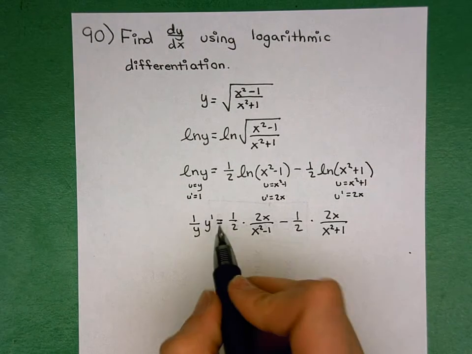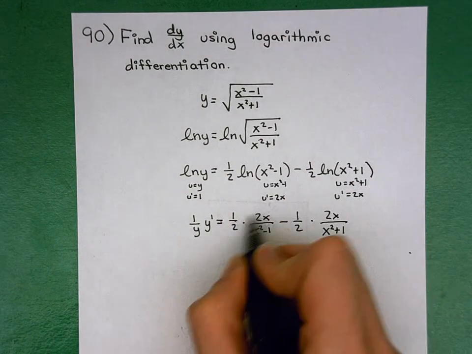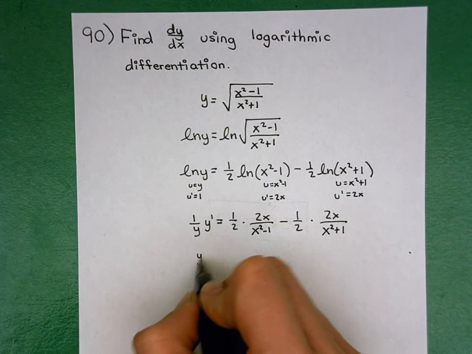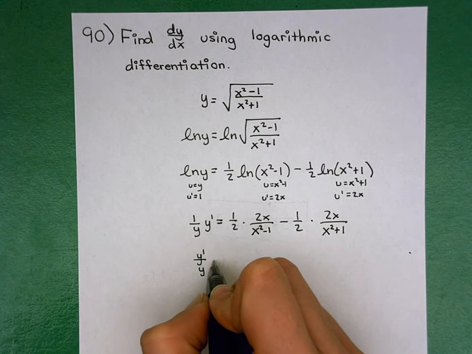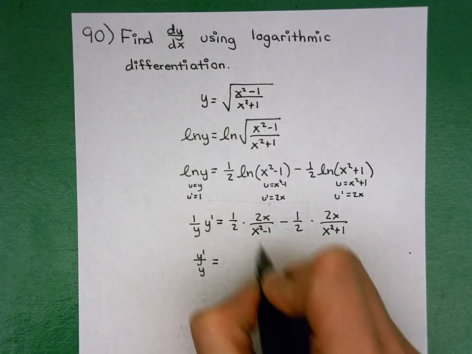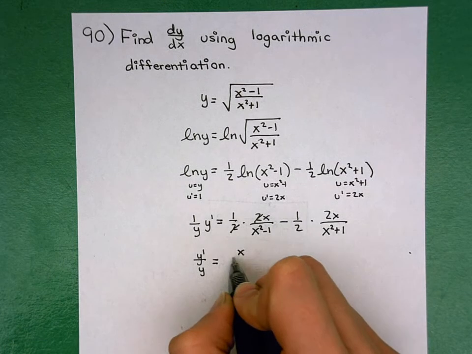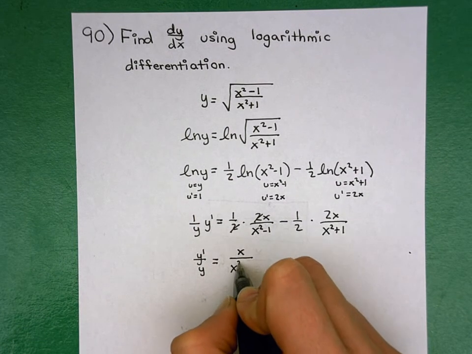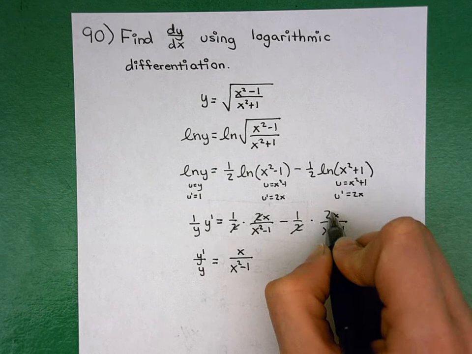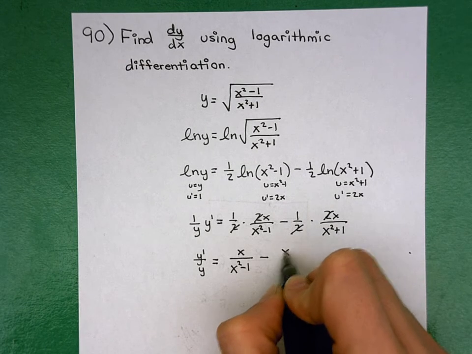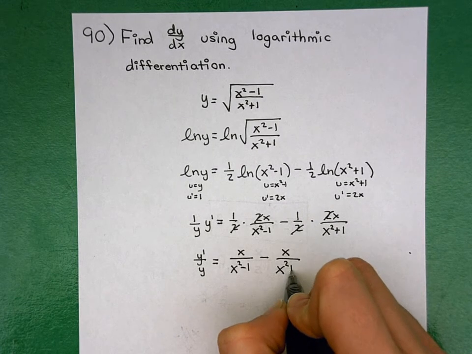And before we do anything more to isolate the y prime, I'm going to clean up this right side of the equation. So I'm going to leave this left side as y prime over y. I notice here that the 1/2 and the 2 will simplify, so we have x over x squared minus 1, and same here, 1/2 and 2, so minus x over x squared plus 1.